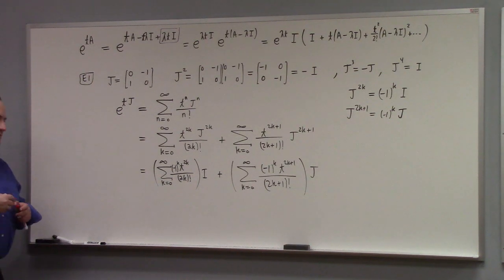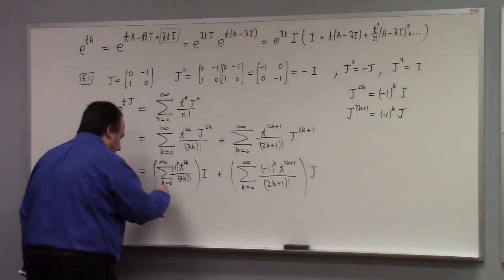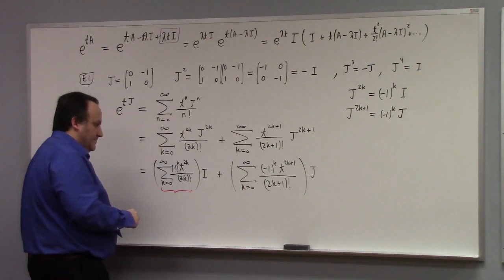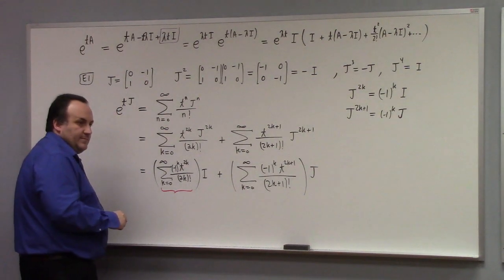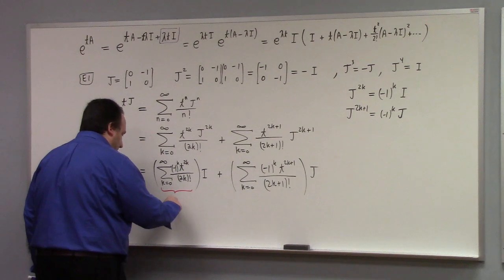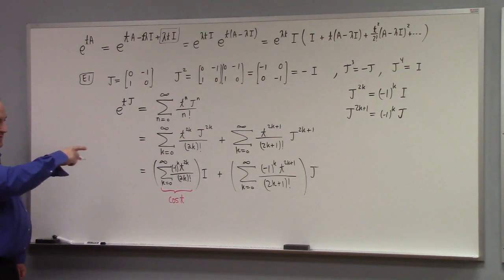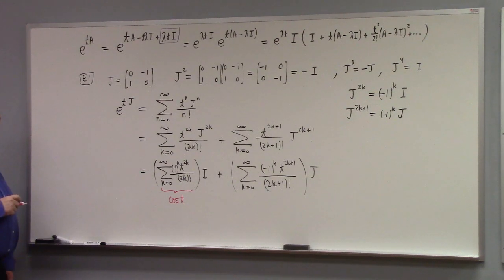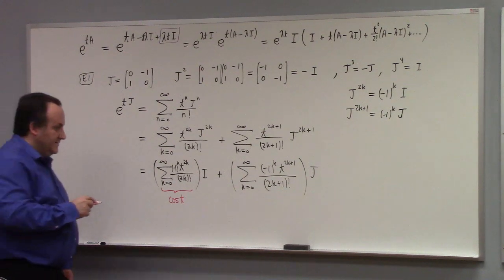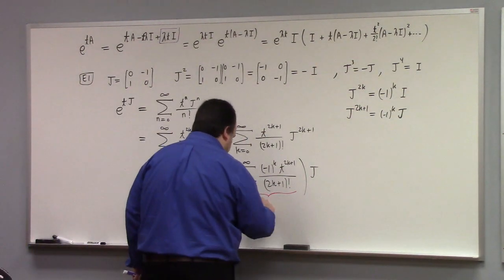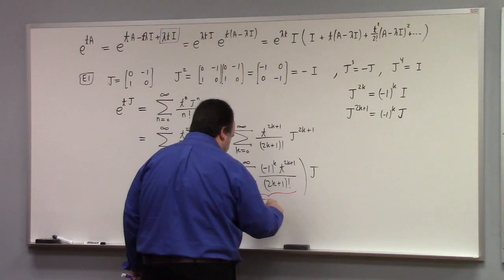But look what we have here. Can you guys recognize what this is? I'll start with this one. This one is cosine. That is the Maclaurin series for cosine. What's the other thing there? Sine. That's right. This is a definition for sine, in fact.